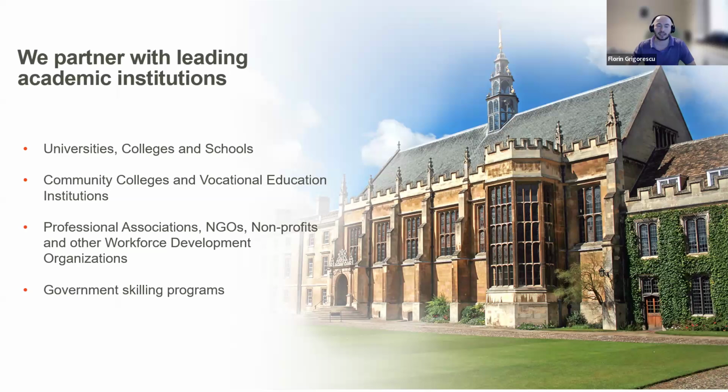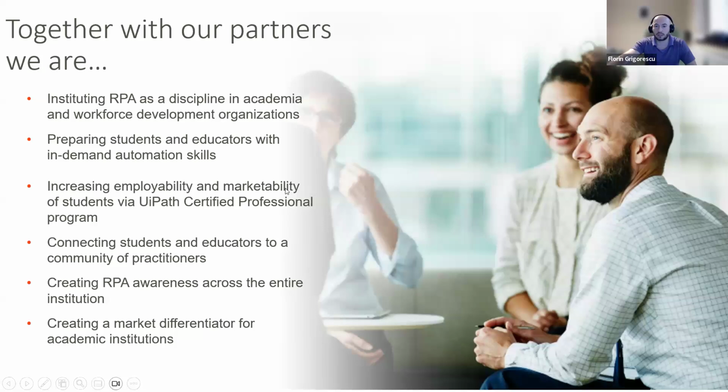Exactly as you see in the Academy platform, the self-led trainings, we provide professors with instructor-led courses. These are meant to help students be more proficient and more up to date with what the UiPath products are doing. So that's a bit in a nutshell.